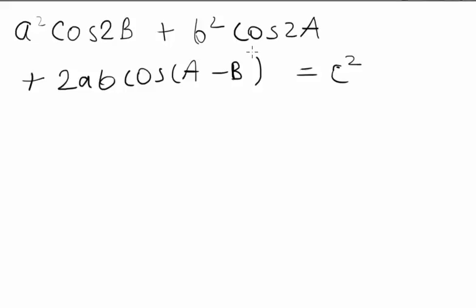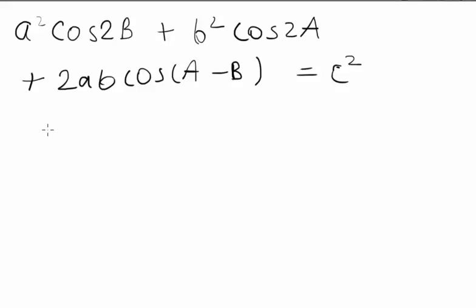We can start with the left hand side as well as the right hand side. Seeing the nature of the problem, we are tempted to go with the right hand side, because the right hand side looks very simple. There is only one term, which is c². So let's see what happens when we simplify the right hand side.